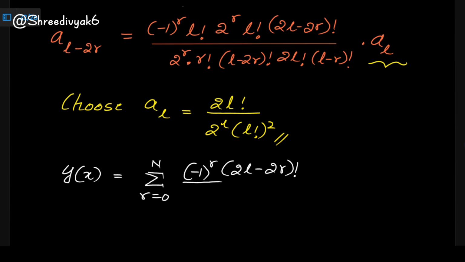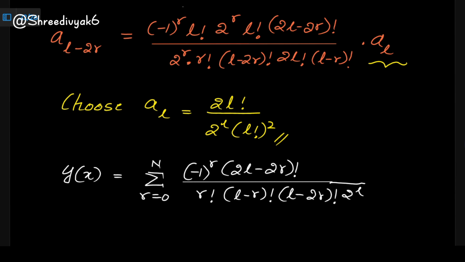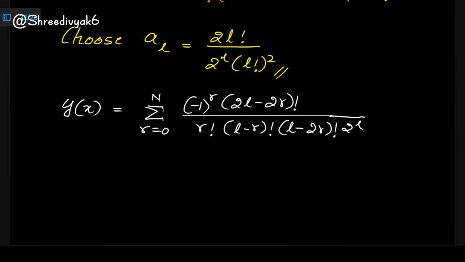The whole divided by r factorial into L minus r factorial into L minus 2r factorial into 2 raised to L. Now this is the coefficient into x raised to L minus 2r, where n value will be L by 2 for n becoming even values, right?